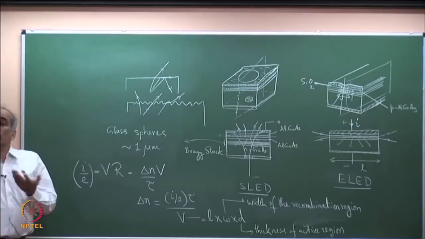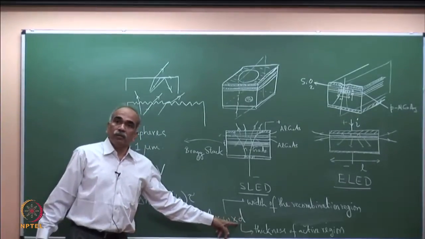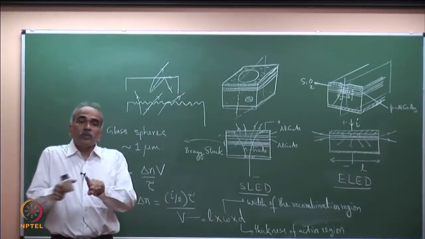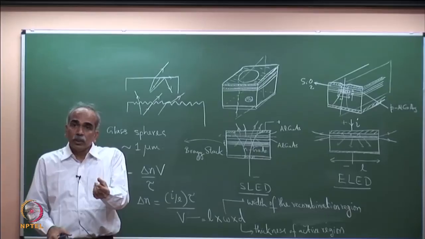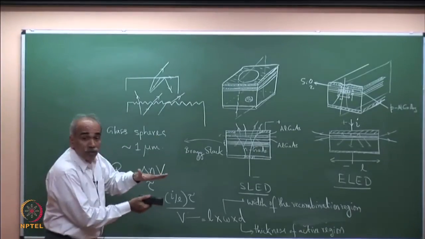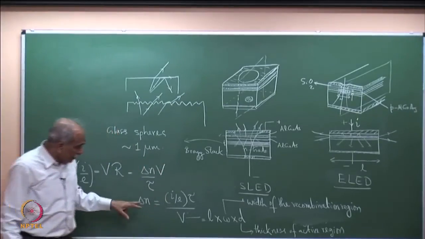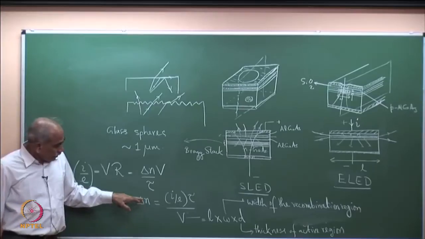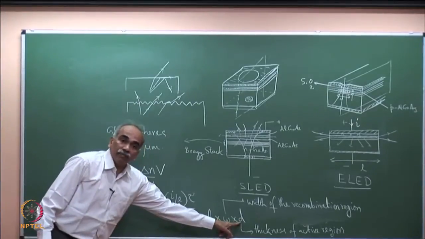Now, when we talked about double heterostructure, I have already discussed the importance of D. By taking a small d of 0.1 micrometer or 0.2 micrometer, you are able to confine the carriers to a small region, and therefore, you could increase the carrier density delta n by reducing d.